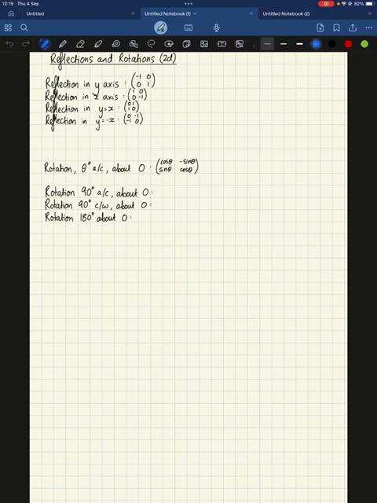But how do we know this is the case? It all comes down to doing it graphically. So have our axes over here. Always start off with our base vectors. So here we have 1 0 and 0 1. Now if we reflect it in the y-axis, if we just draw a pair of axes again, well, this is just going to get reflected over here, and this is invariant, it's just going to stay there.